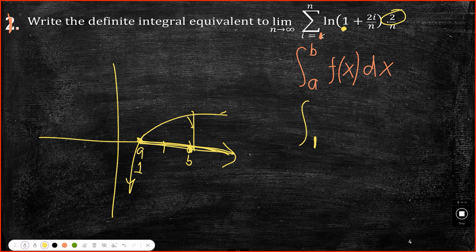So basically we're going to go 1 plus 2. So from A, add that on. So that would be 3. So the integral from 1 to 3 of ln x dx.